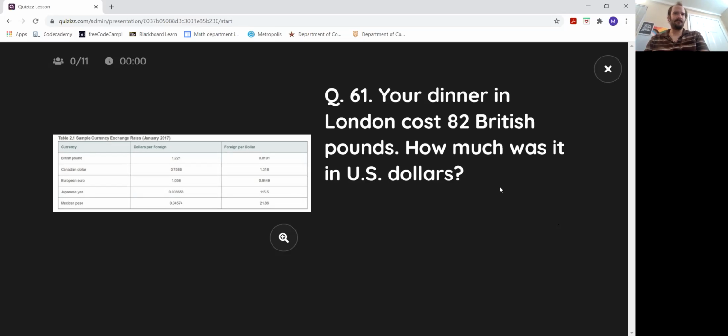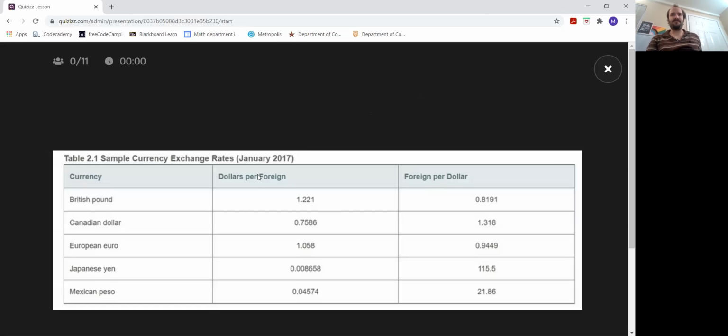If I do, okay. So one thing you do have to know is how to read this table, right? So this is dollars per foreign. This would be foreign per dollar. So you've got to figure out which one of these it's talking about. But let's go to euros.